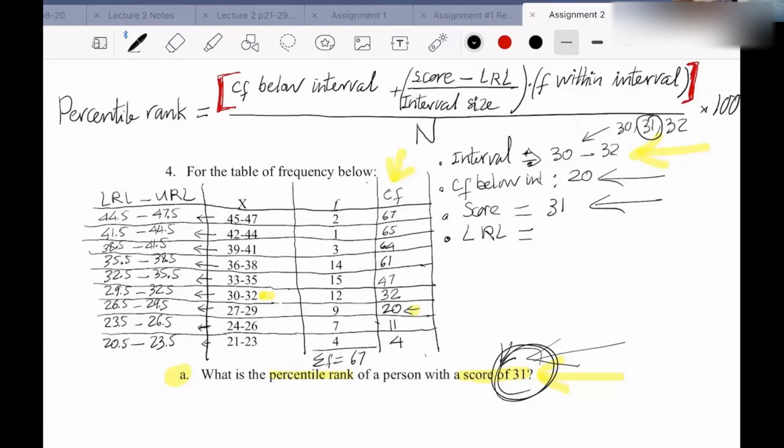All right, and then next, we need to find the lower real limit of the interval that contains the 31. Type in the chat for me, everyone. What is the lower real limit of the interval that we are looking at? What is the lower real limit of the interval from 30 to 32?